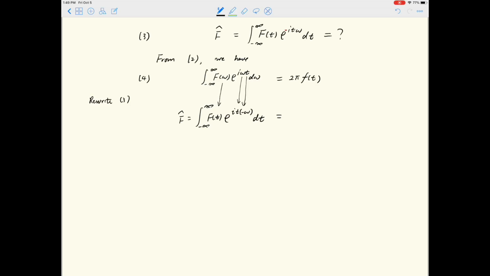Now just compare these variables, to know which corresponds to which. Equation 4 now suggests that this new integral should be equal to 2 pi f. Since t corresponds to my minus omega, this is 2 pi f of minus omega. So that is the answer. Let's summarize.